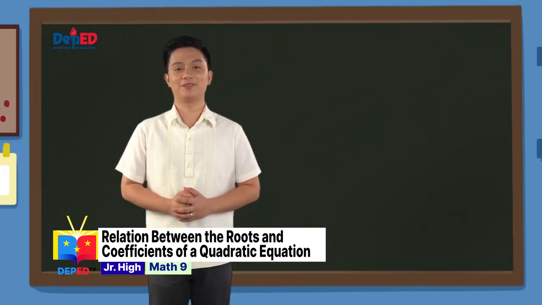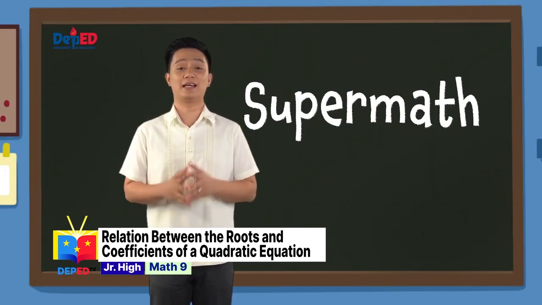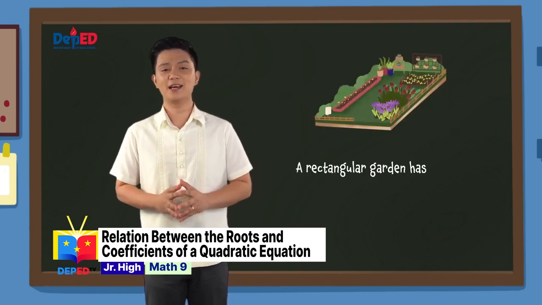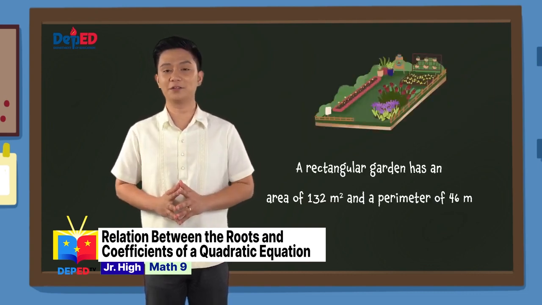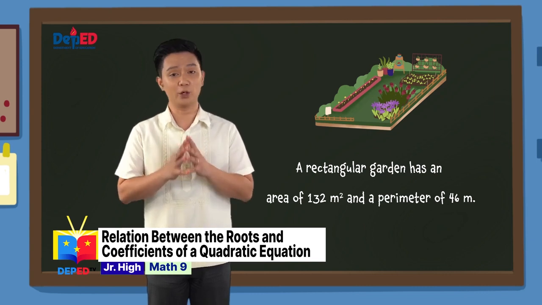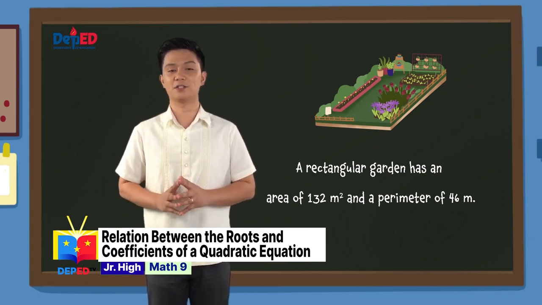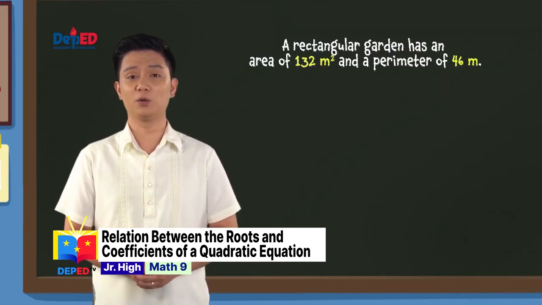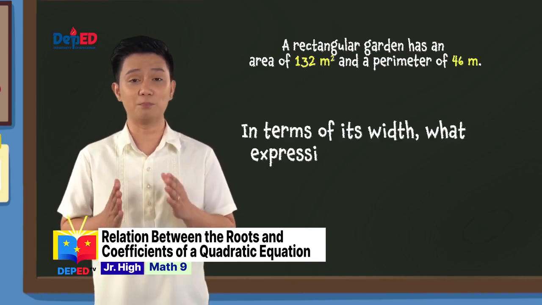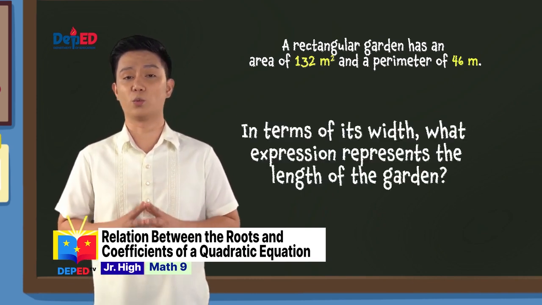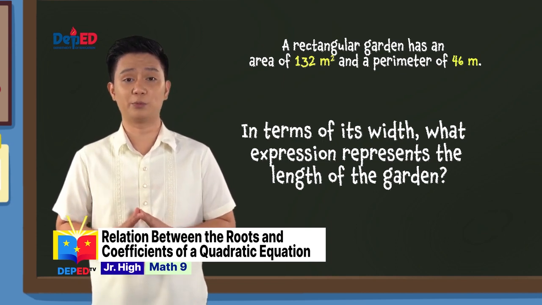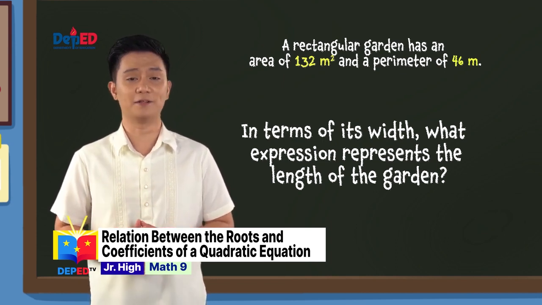Let's level it up. Here we go, Superman. A rectangular garden has an area of 132 square meters and a perimeter of 46 meters. Question number 1. Expressed in meters and in terms of its width, what expression represents the length of the garden?